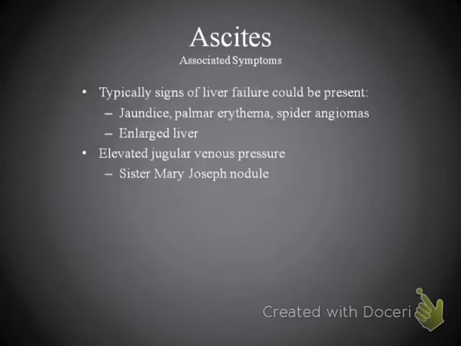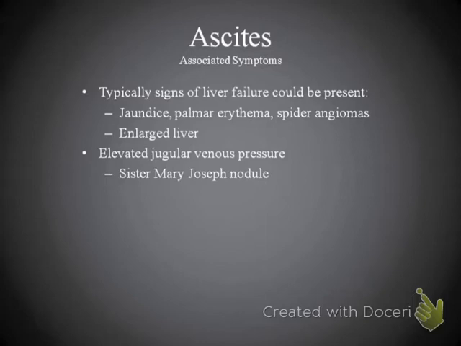So there's a very specific set of symptoms that are usually associated with ascites. Typically signs of liver failure could be present, and that can be jaundice, pulmonary arrhythmia, spider angiomas, or an enlarged liver. Other things that you can look for are elevated jugular venous pressure or a Sister Mary Joseph nodule.